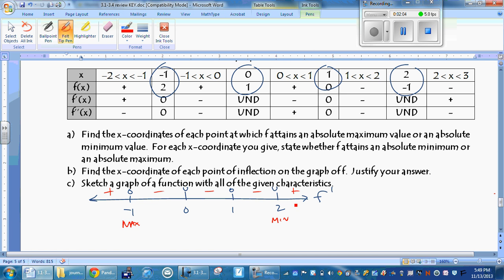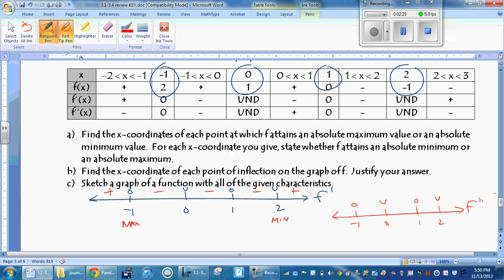Then we want to go ahead and take a look at our second derivative. So our second derivative, we're looking at the same values here, -1, 0, 1, and 2. Here the second derivative is 0, undefined, 0, and undefined.